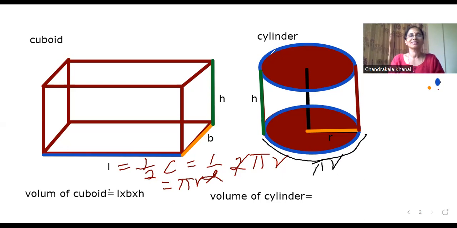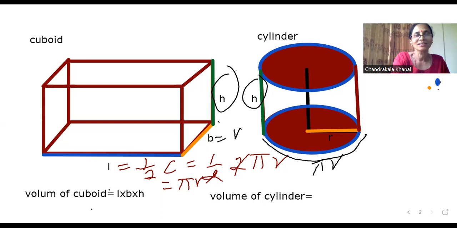Now, height is also the height of the cylinder. Height is the same. And breadth becomes the radius. So B equals radius of the cylinder. Height is height, but breadth is the radius of the cylinder.